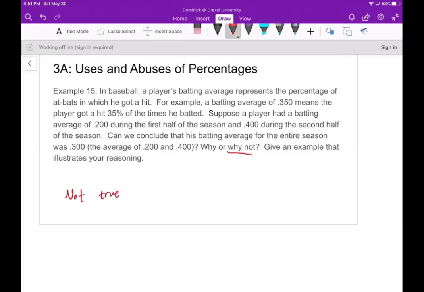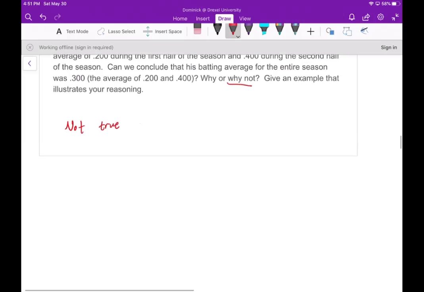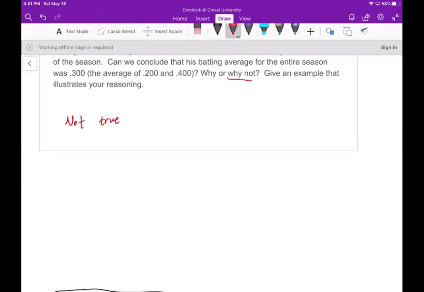right? And it does possibly require a little bit of knowledge about baseball to see this, but let's go ahead and talk about it, right? So I believe that a baseball season is 162 games. Right, so in each half, there's 81 games.